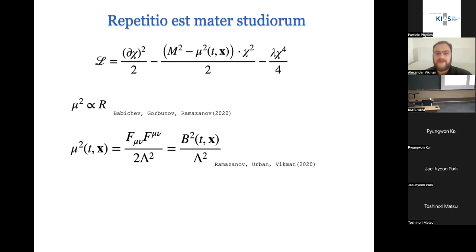That implies that we couple F mu squared to chi squared. And this is, of course, an irrelevant operator from the point of view of effective field theory, so it's suppressed by some cutoff parameter lambda. But what is important here is that it's the most general term you can write if you insist that chi is Z2 and a proper scalar, not a pseudoscalar.